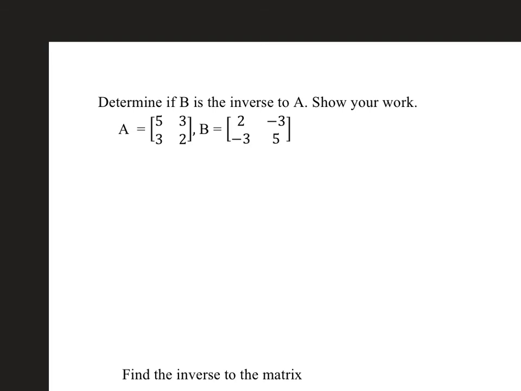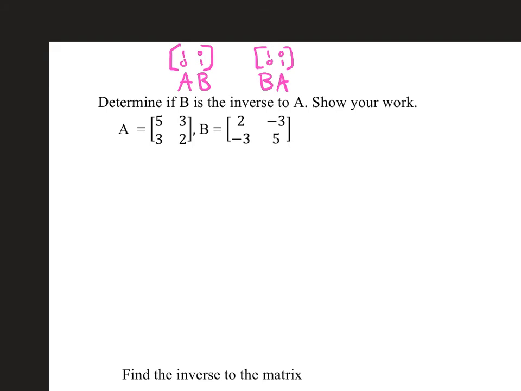So we multiply A times B. Just to prove that they're inverses, we have to multiply A times B and B times A. And when we multiply them, we need it to be the identity matrix. So 1, 0, 0, 1. So let's multiply A times B.